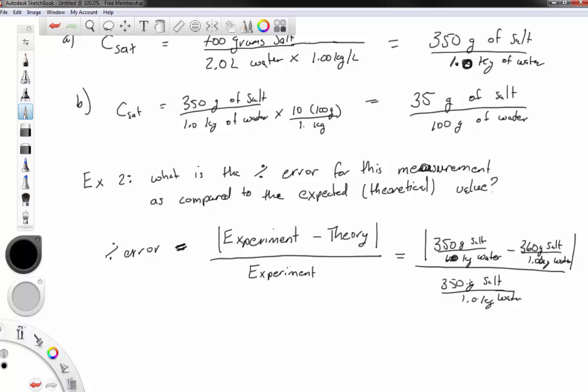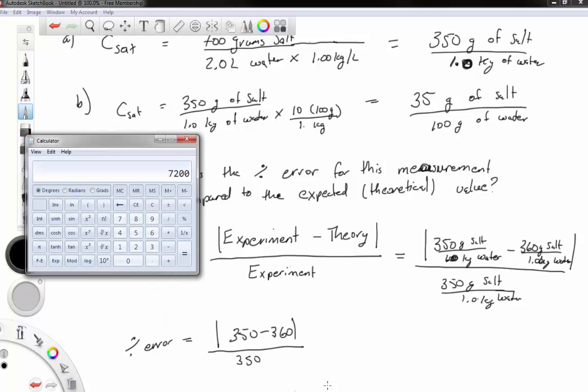Notice, by the way, that all the units here cancel, and so you're left with percent error is equal to basically 350 minus 360 divided by 350. So this top one is negative 10. You take an absolute value, you end up with 10. So it's 10 divided by 350.